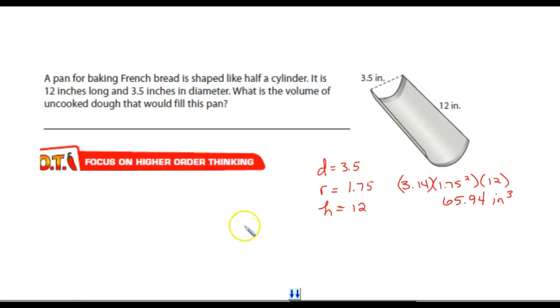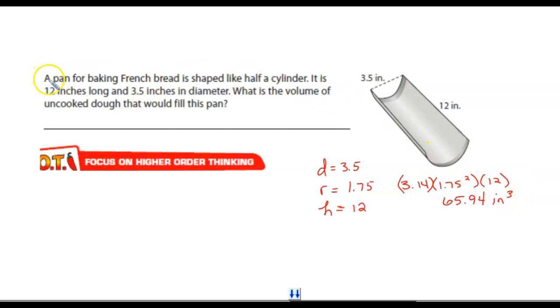Alright, I took note that I have a diameter of 3.5 inches, and I divided that in half, and I got my radius, which is 1 75/100ths of an inch. Then the height of this cylinder would have been 12, so I take 3.14 times 1.75 squared times 12, and I got 65 94/100ths cubic inches.